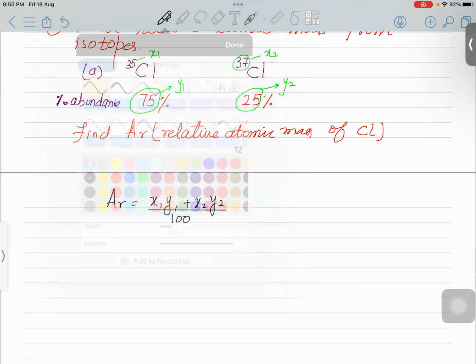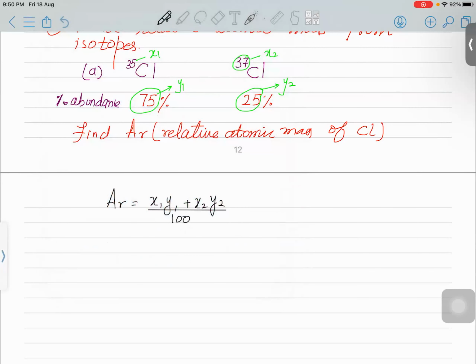Now can you tell me the value of x1? x1 is 35. And y1? y1 is 75. And x2? 37 and 25, divided by 100.